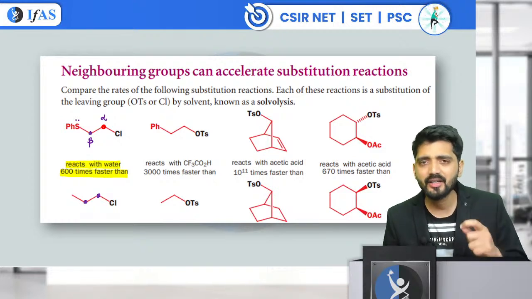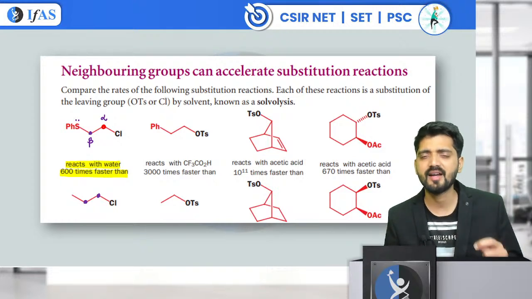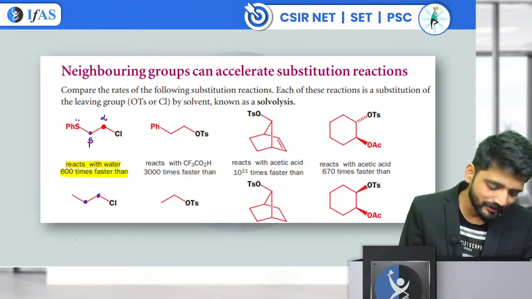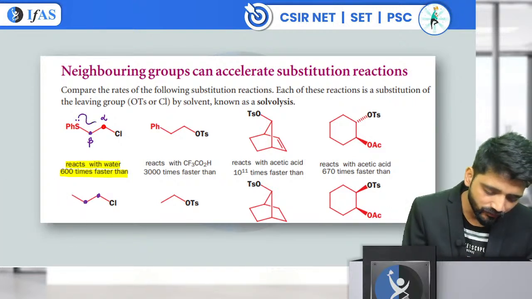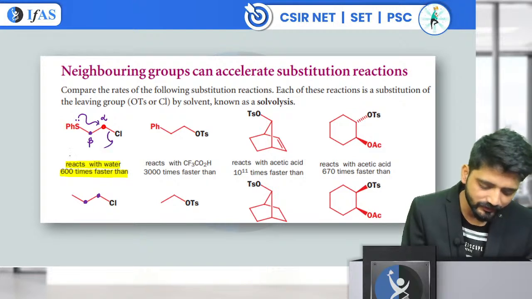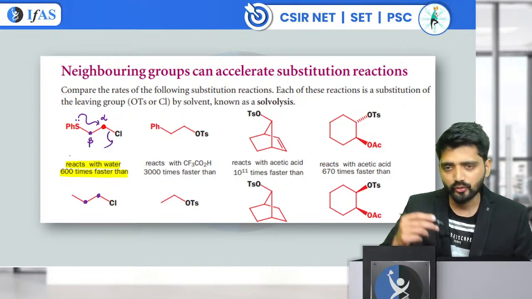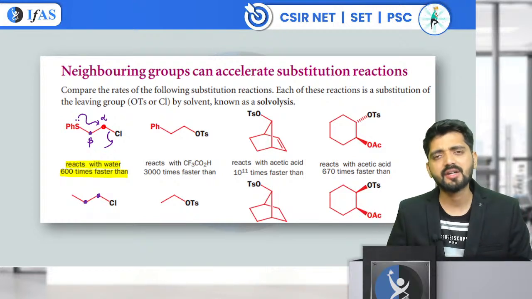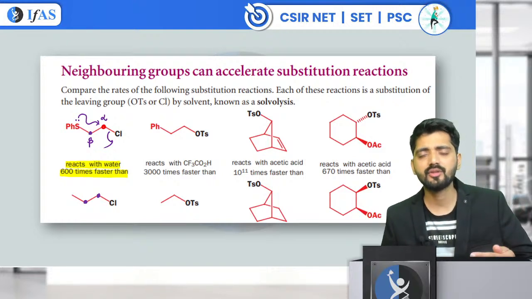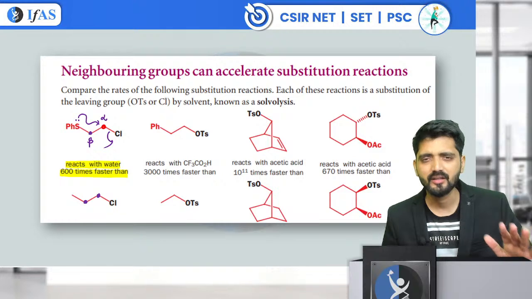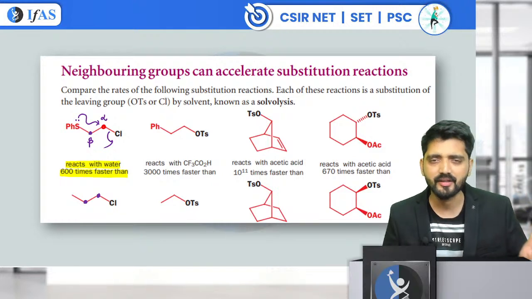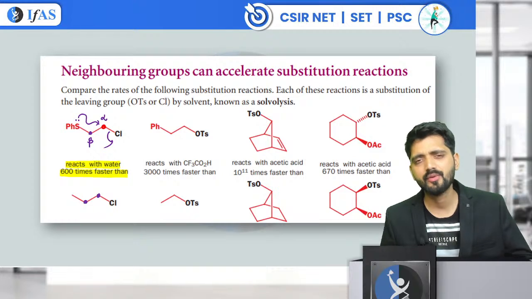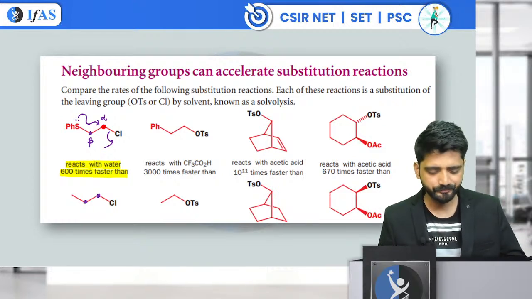That's why the rate of reaction is going to be very fast for the first case, because here the nucleophile is present intramolecularly, and first of all this is going to attack and the Cl is going to be removed. So whenever a neighboring group is participating in the reaction, the rate of the reaction is going to be very fast. This is what we are discussing in the lectures, in the basic portion of the NGP which we started in the previous lecture.